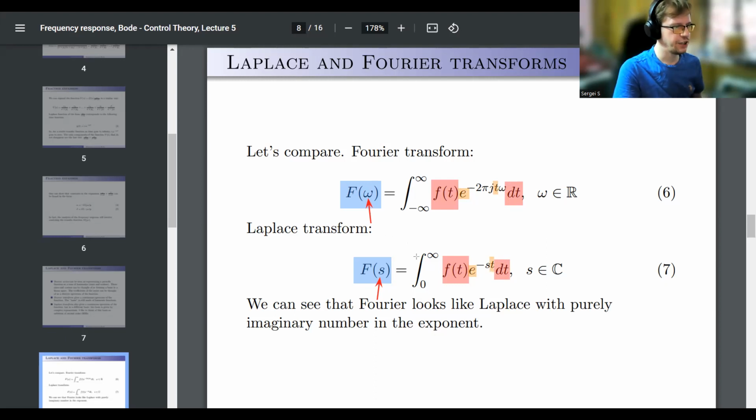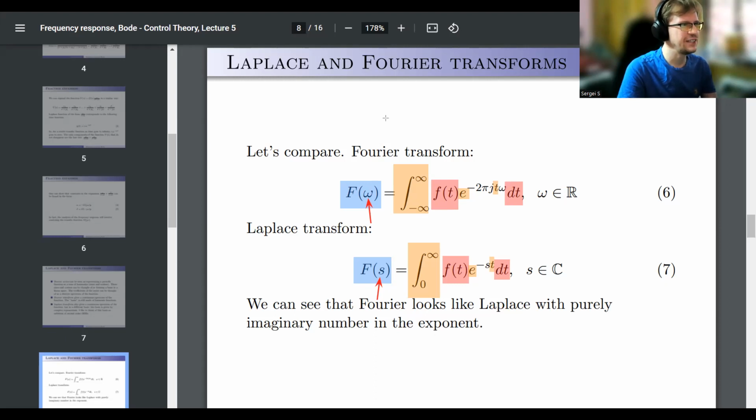And the integration goes from, here it is from 0 to infinity, here it's from minus infinity to plus infinity. But this technicality you can avoid if you do double-sided Laplace. We're not going to talk about it, but essentially you can think of this as a technicality, at least for this discussion.